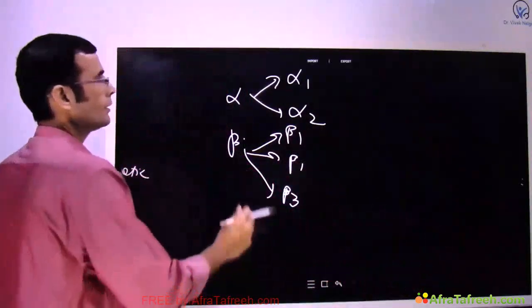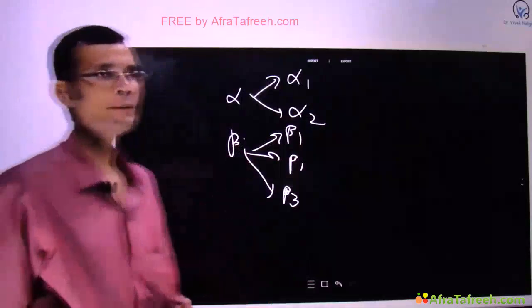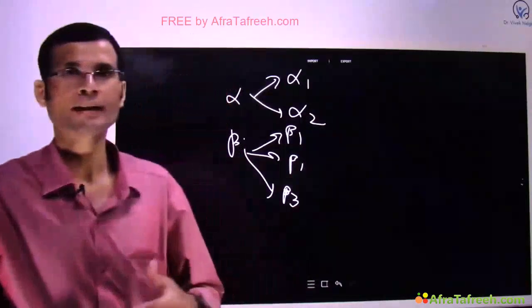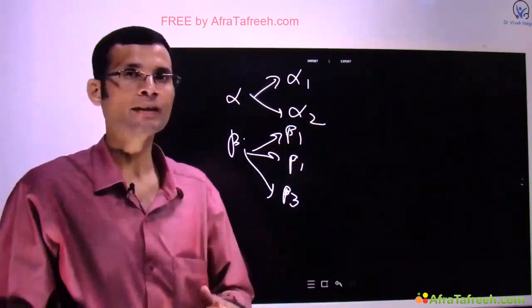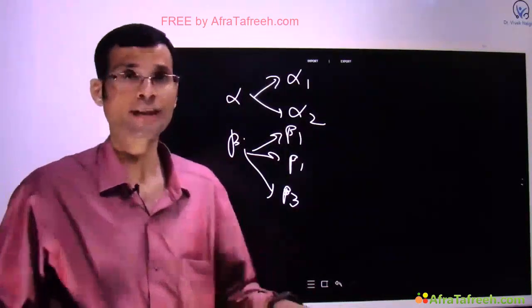So these are the receptors. Alpha receptors mainly mediate the excitatory effects of adrenaline. Beta receptors mainly mediate the inhibitory effects, but this is a very generalized statement.